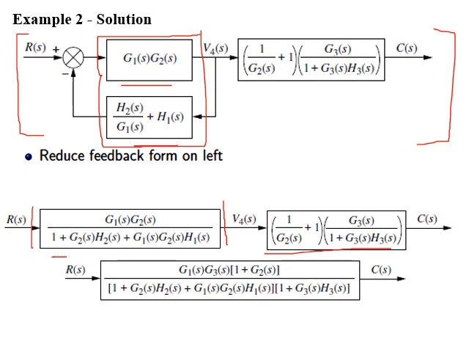Now we can use the relation of cascade form to find the equivalent transfer function of the system and can represent this system in a single block with input R of S and output C of S.